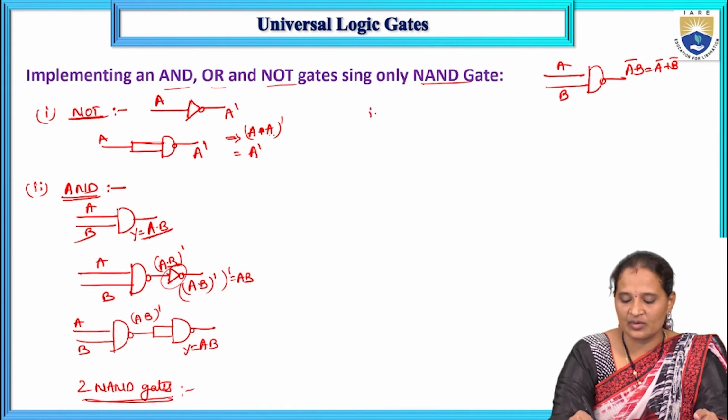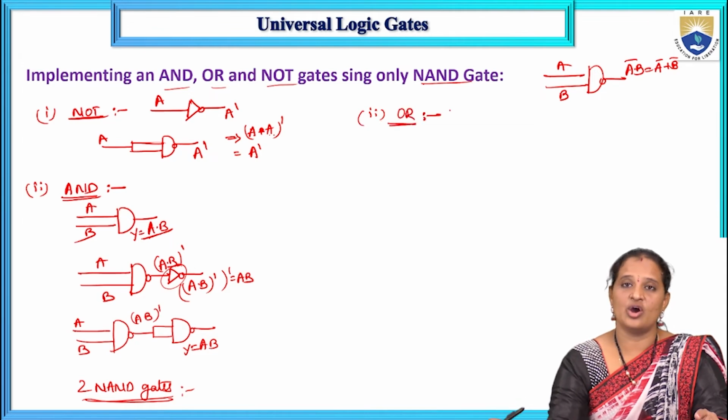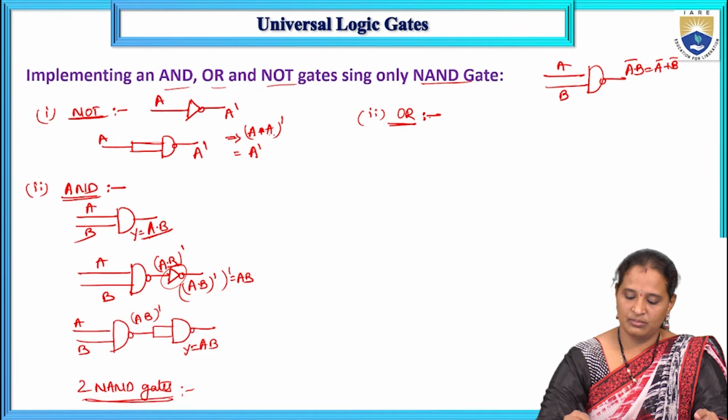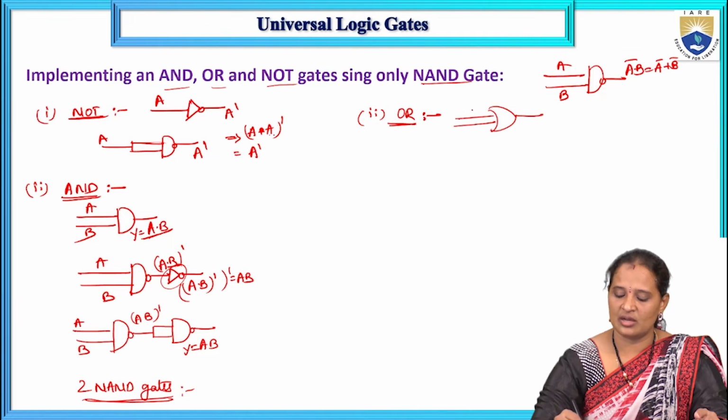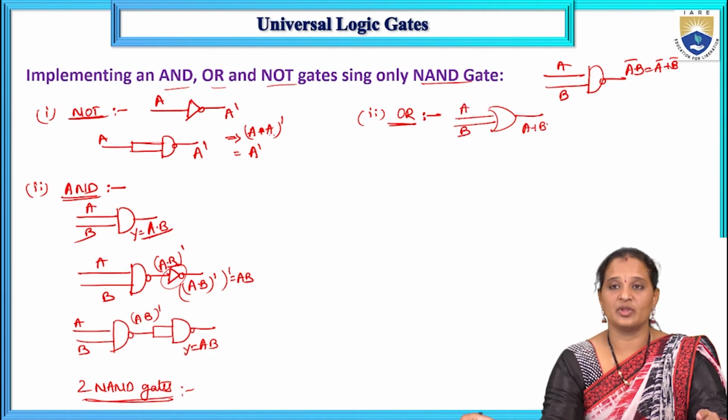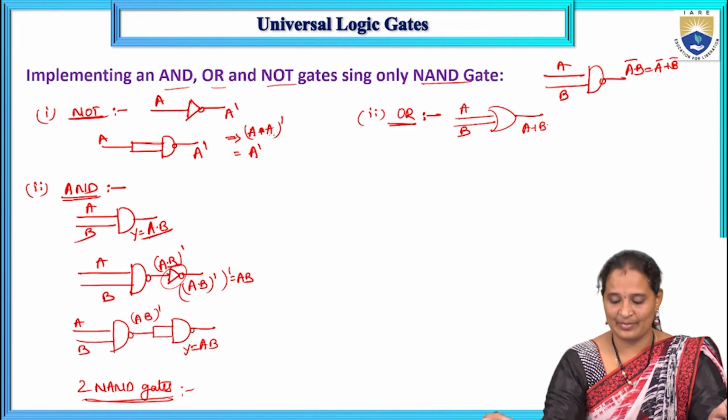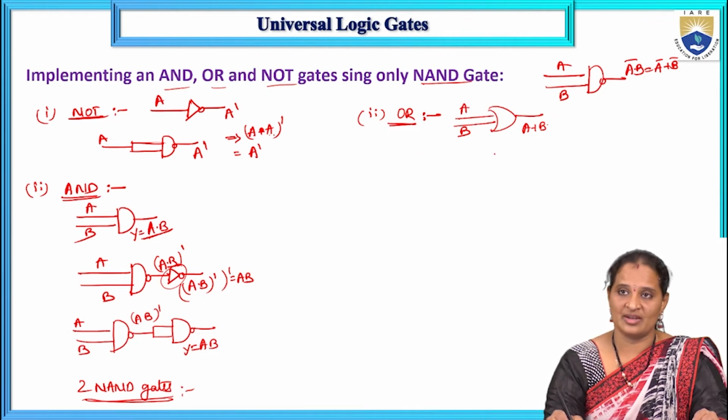Now coming to the third one, the OR gate. What is its symbol? The symbol is this one. Coming to the logic function, this can be represented as A plus B. Now I want to implement this using NAND gates.